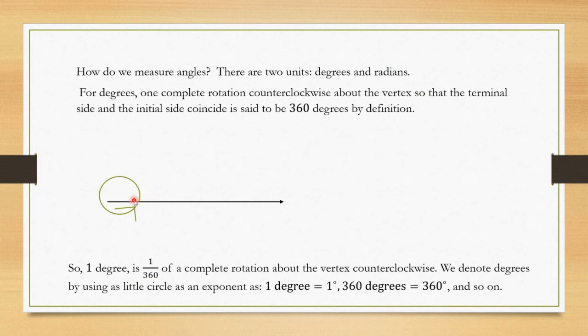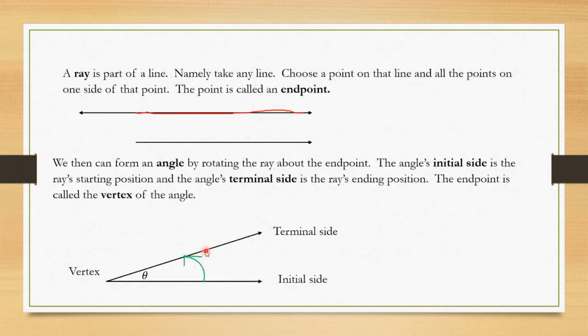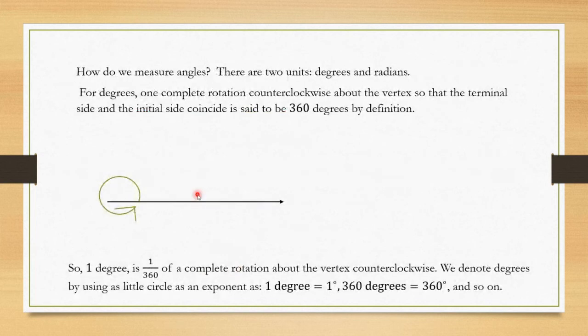If you do a complete counterclockwise rotation so that the angle's initial and terminal side are on top of each other, like so, if we kept going all the way around so that the terminal side was on top of the initial side, you would have, by definition, 360 degrees.